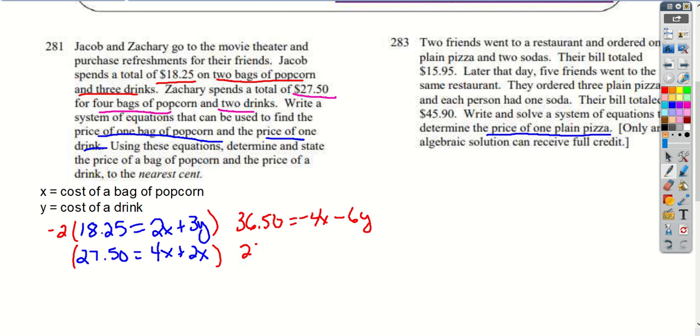And this one's just going to stay the same. So 27.50 is equal to 4x plus 2y, and then we'll just add.